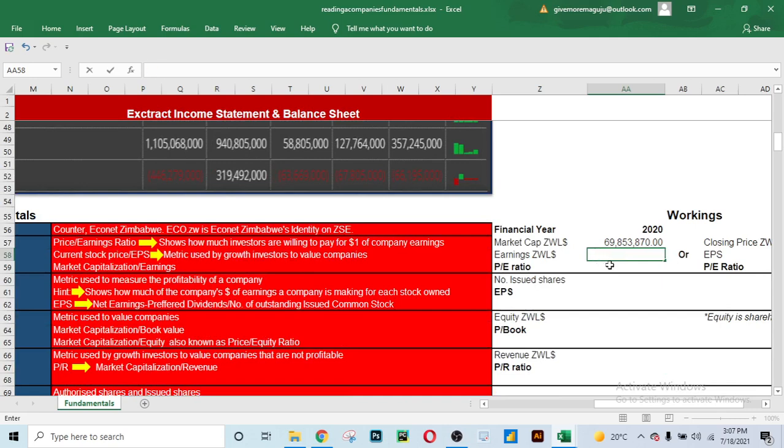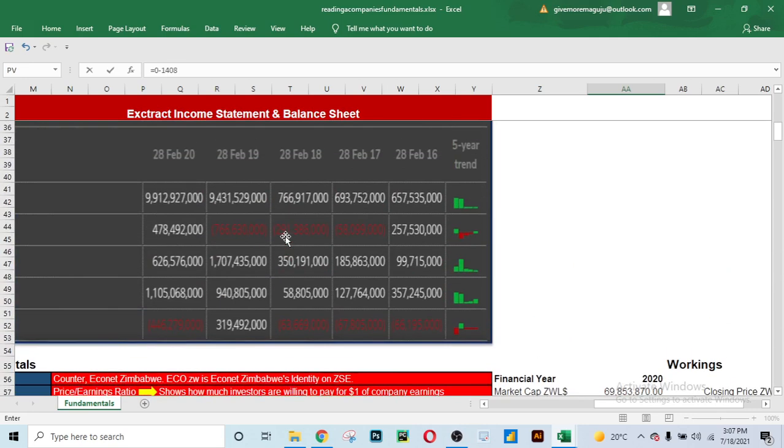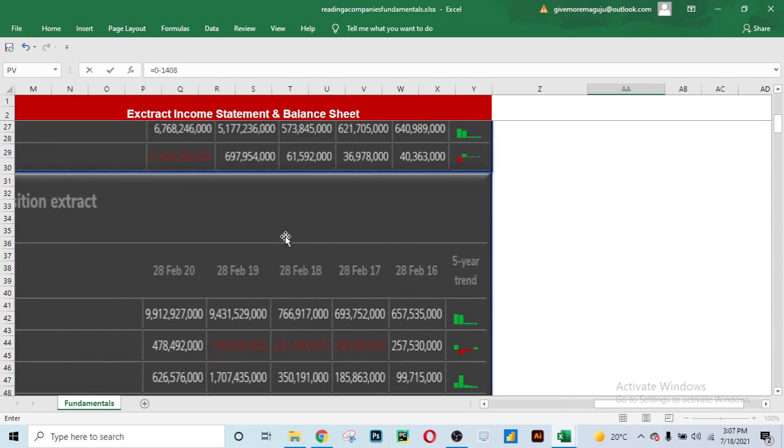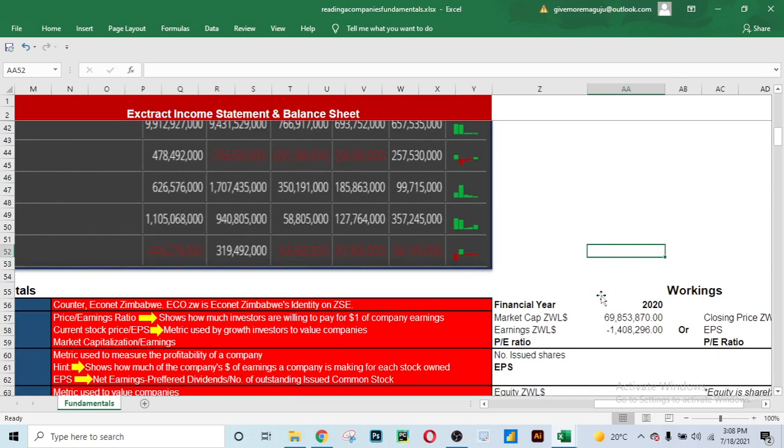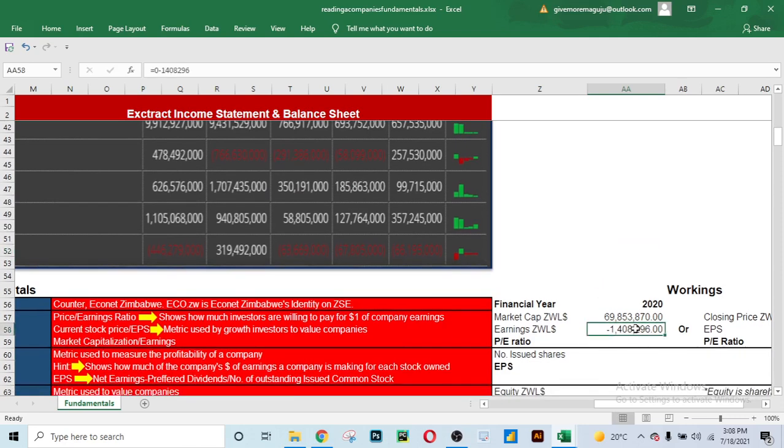Okay, it's negative, so to put it as a negative, I'll say equals 0 minus 1408. Let's see again. 1408296. Perfect. Great. So we have our earnings, which is negative. So it was not net income, it was net loss.